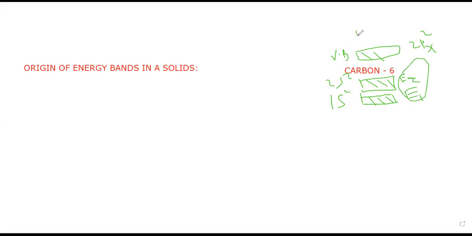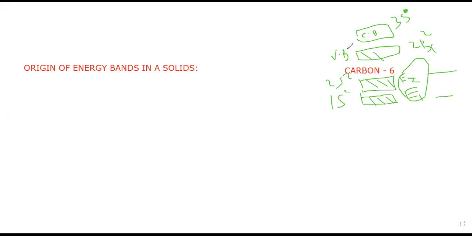Next, one empty band is there near the 2p, that is 3s. This is an empty band because there are no electrons in the 3s, so this is the conduction band. The empty band near the valence band is the conduction band. The partially filled energy band is the valence band. Completely filled energies are discrete energy levels, E1 and E2.